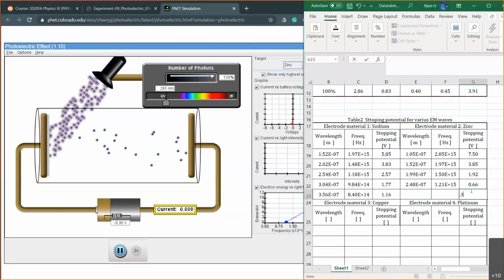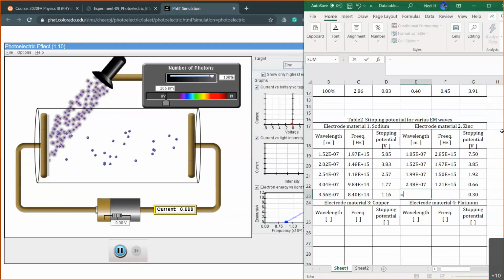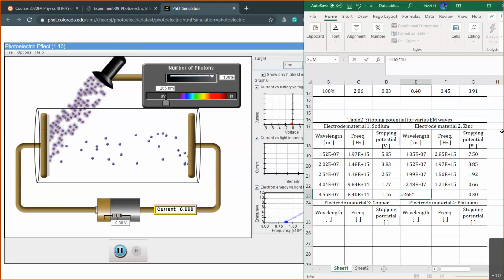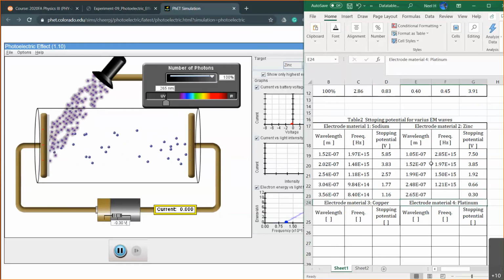Reverse potential 0.30. Wavelength is 265, equal sign, 265 multiplied by 10 to the power minus 9, and then this one you can click and drag.